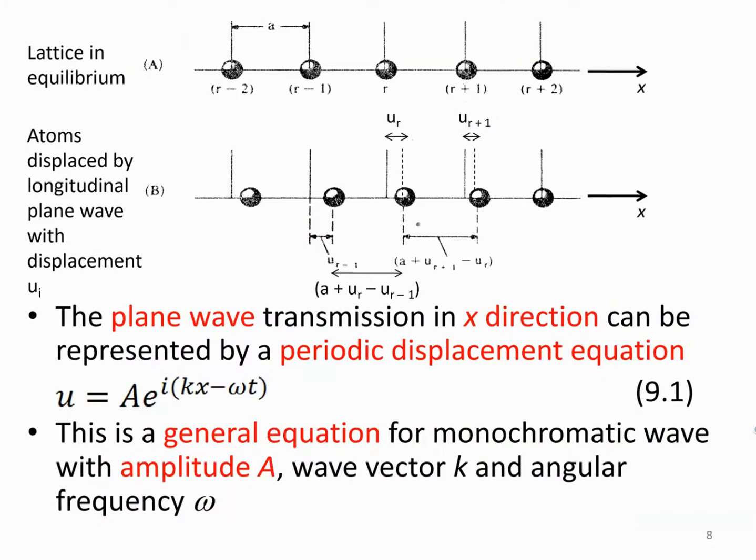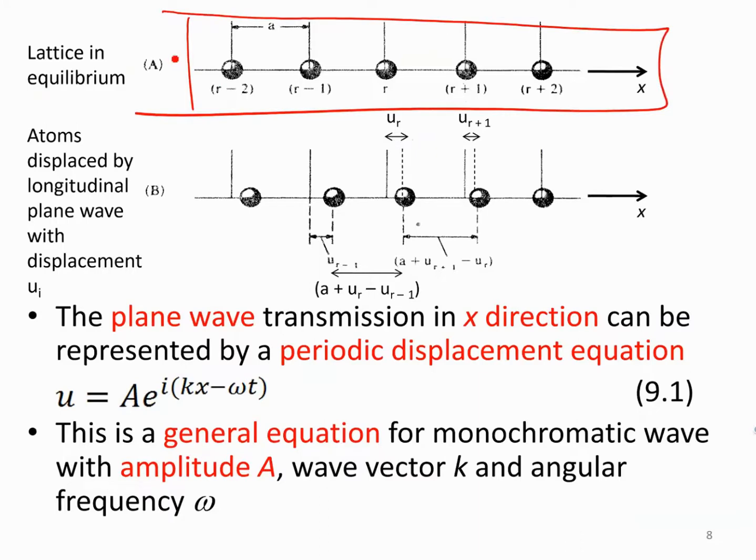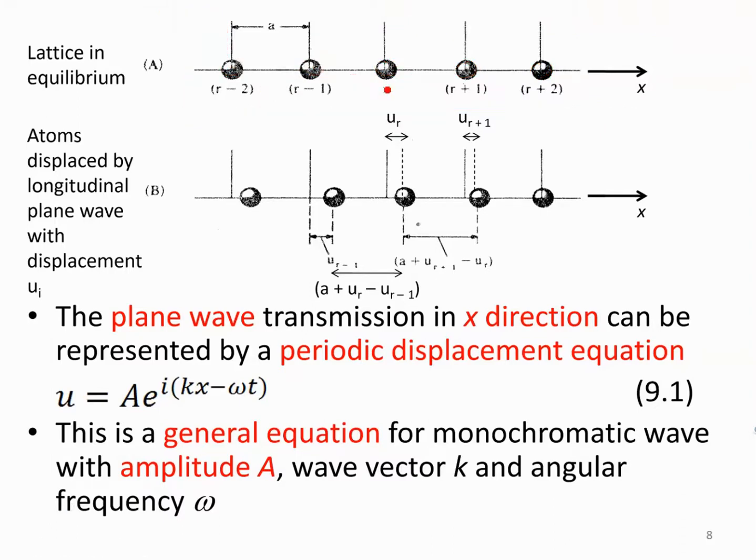So the lattice in equilibrium is like this. In here, because all the atoms are the same type, this is A, and then we name the atoms. The middle one we name R. Then the next one R+1, the next two R+2.